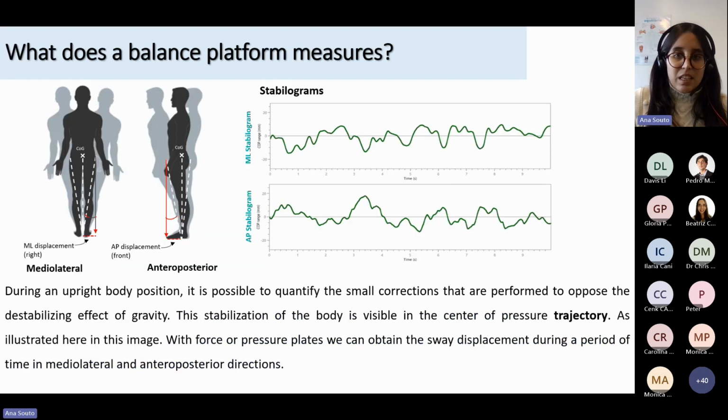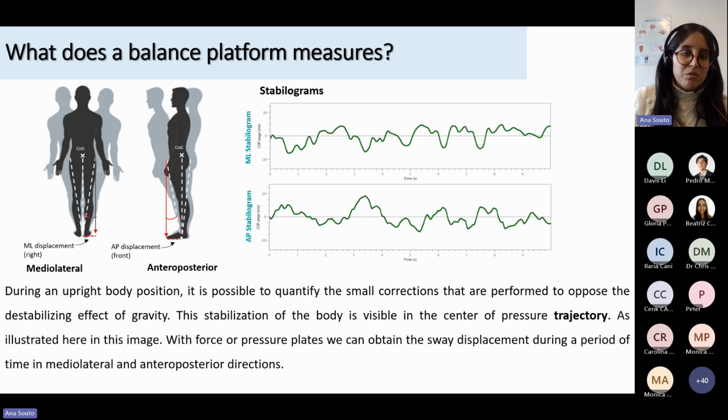And so this stabilization of the body is visible in the center of pressure displacement. You can see this here on these stabilograms. You can see the center of pressure displacement in the medial lateral and the anteroposterior directions, and you can measure this displacement during a period of time.